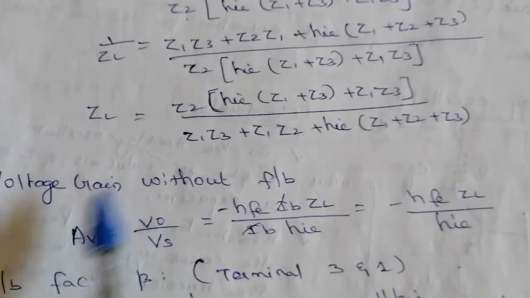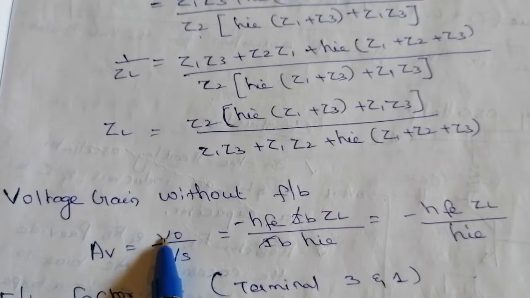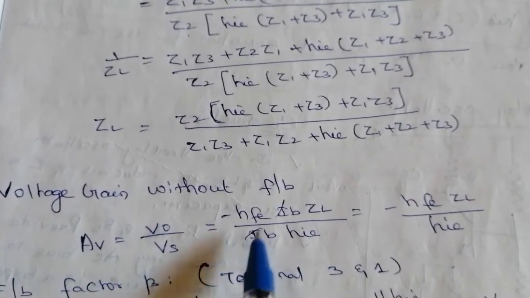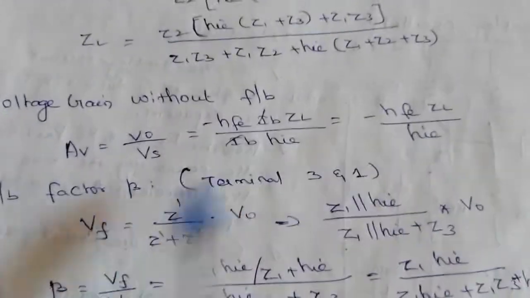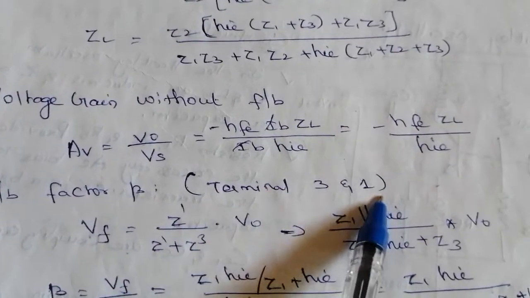And the voltage gain without feedback, the AV formula is V0 by Vs, where the output voltage is equal to minus hfe IB into ZL, divided by the input Vs equal to IB into hie. So minus hfe ZL by hie. The feedback factor beta is connected across terminals 3 and 1.